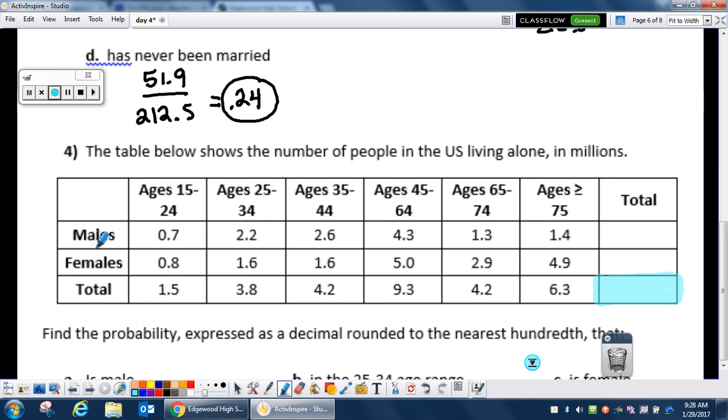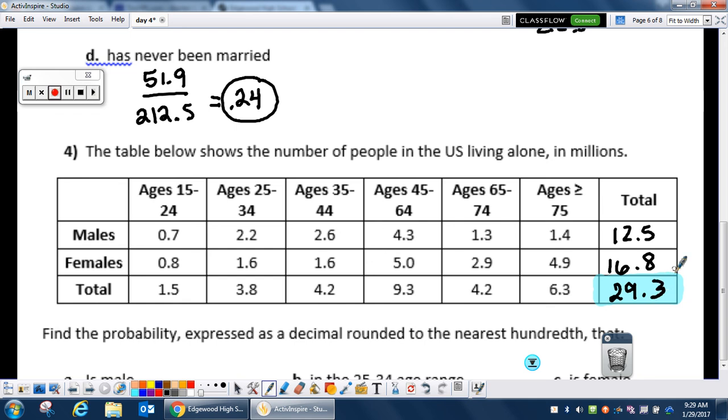It divides by males and females, and this time it divides by ages. They've already calculated the total ages for you, so you just need to calculate the total number of males. Add across, you should get 12 and a half. The number of females was 16.8. Remember, this is in millions. So our total number of people surveyed was 29 and 3/10 million.